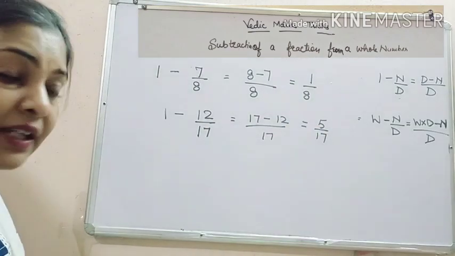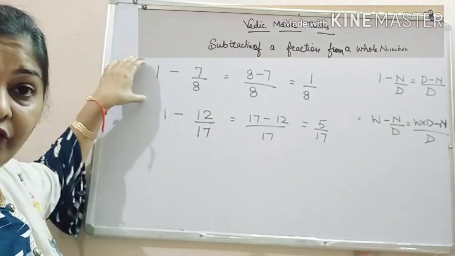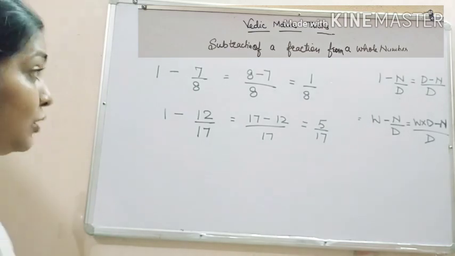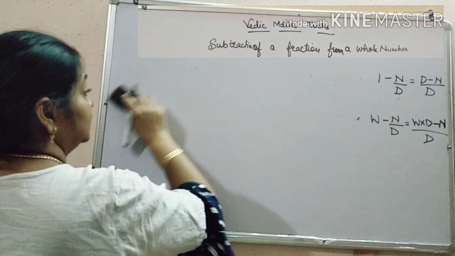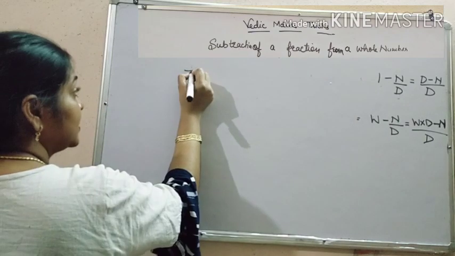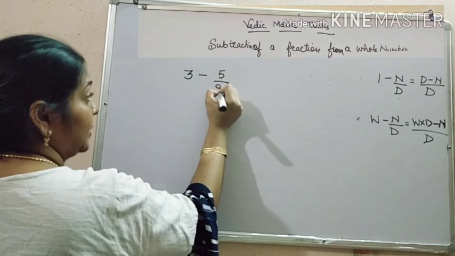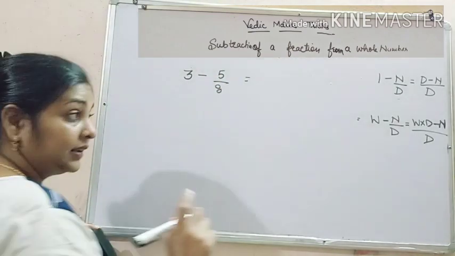So it is very easy because we have to subtract the fraction from 1. But what if we have another whole number? So let us try that also. Suppose I have to subtract a fraction 5 by 8 from 3. The procedure is exactly the same.